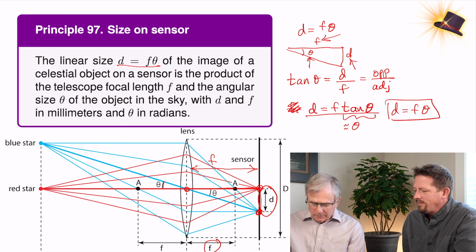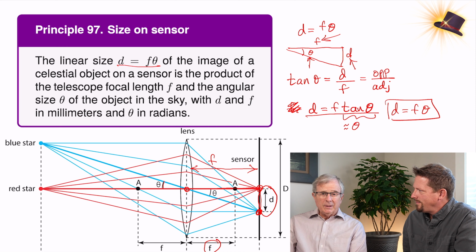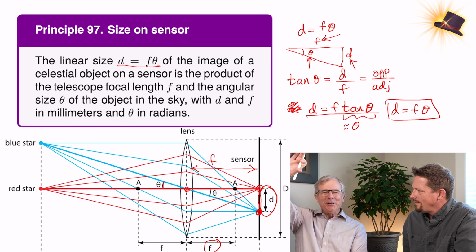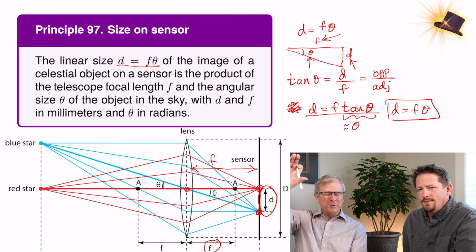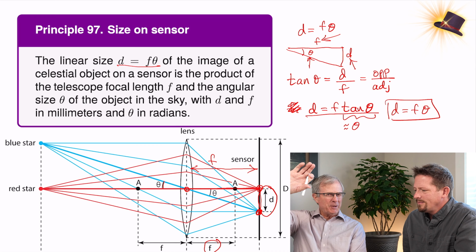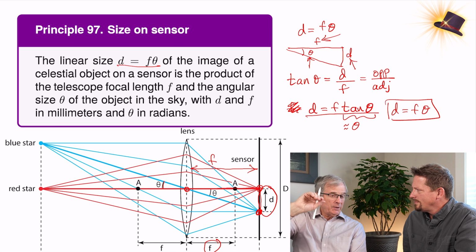And you might say, well, those angles really aren't that small. And I say, yes, they are. The field of view through most telescopes is somewhere around a degree. For wide field telescopes, it might be 2 or 3 degrees. And for really high focal length telescopes, you're talking about half a degree or a third of a degree. Those are really small angles.